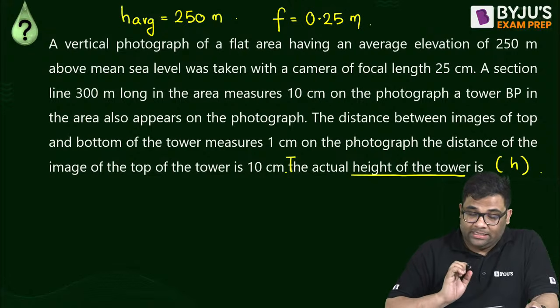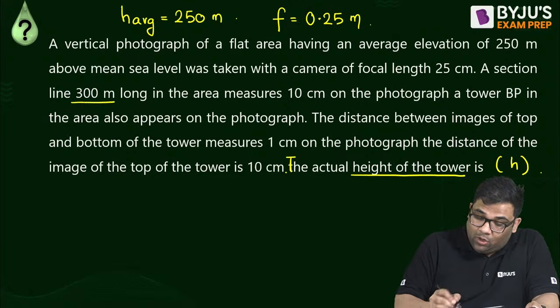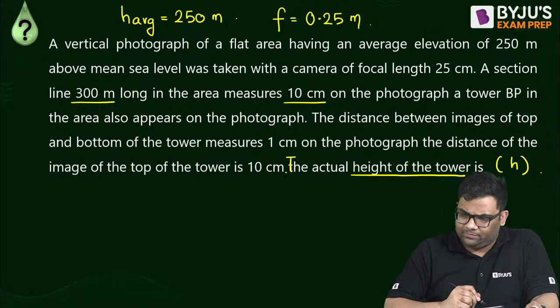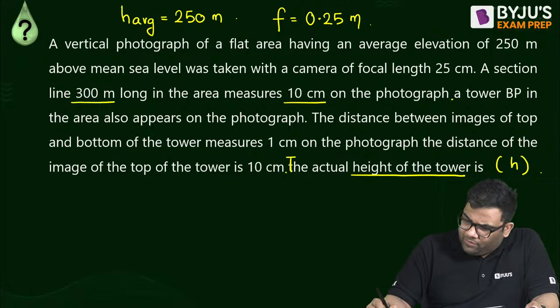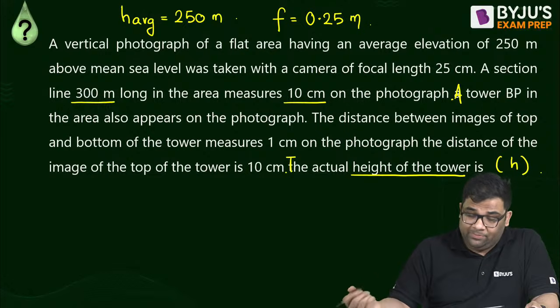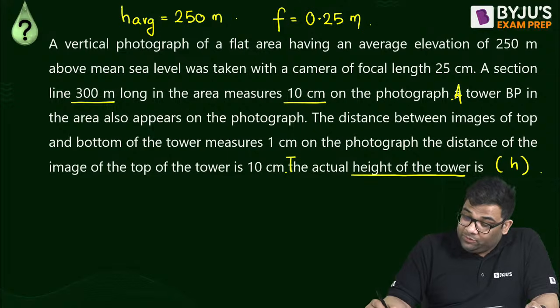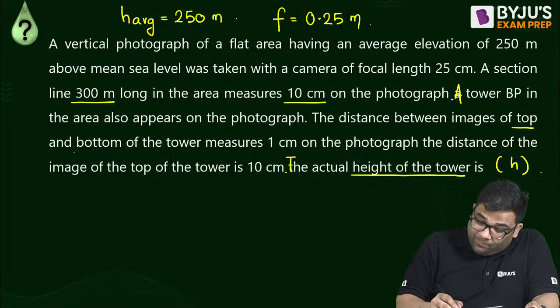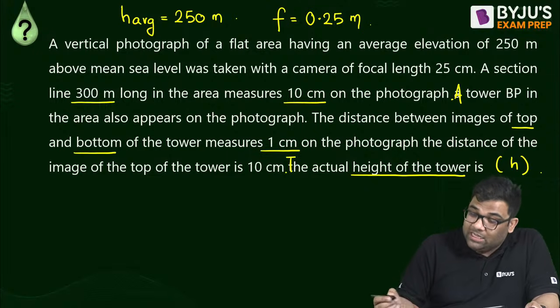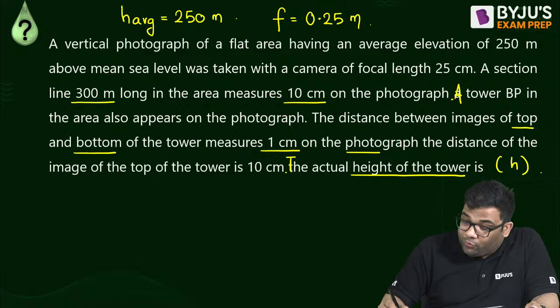A section line 300 meter long in the area measures 10 centimeter in the photograph. A tower BP in the area also appears in the photograph. The distance between the images of the top and the bottom of the tower measures 1 centimeter on the photograph.